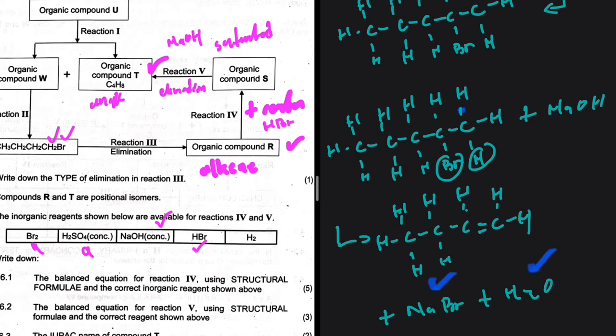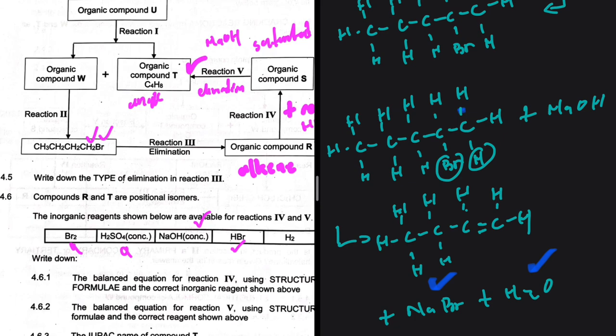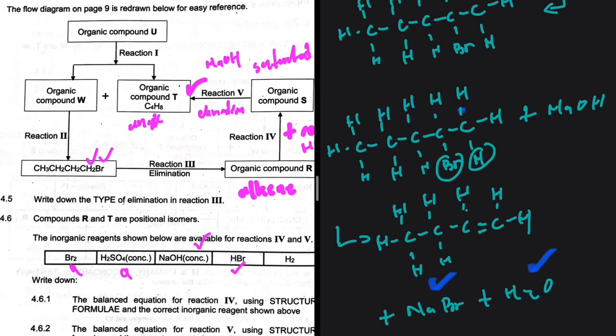Okay, but I'm having a concern now. There's something I'm thinking about. Let me show you why I'm saying that. So compounds R and T are positional isomers. Compounds R and T are positional isomers. So, okay, this is compound T. This is compound T, right?